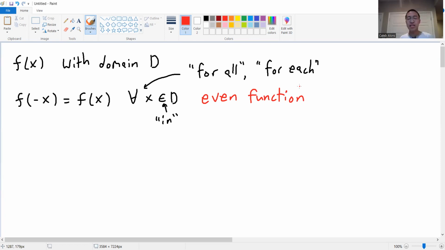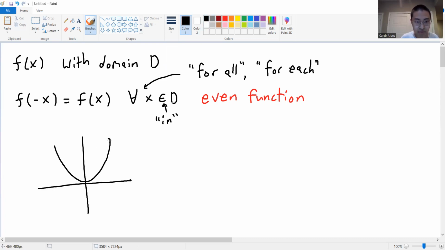Now, visually, what this means is that this particular function is going to have symmetry, and this symmetry is going to be about the y-axis. You can imagine having a function. We could use the quadratic, so this would be f of x is equal to x squared, for example.